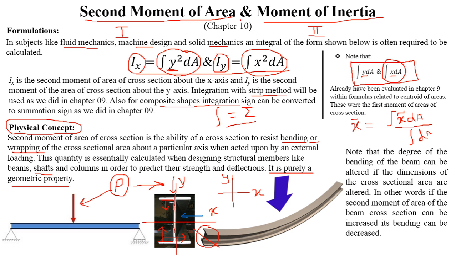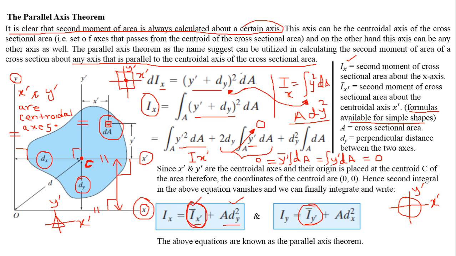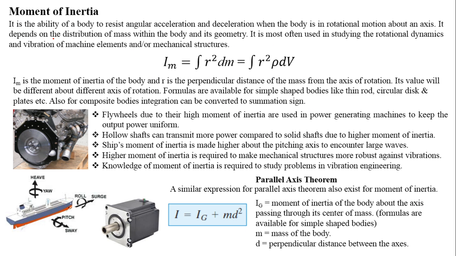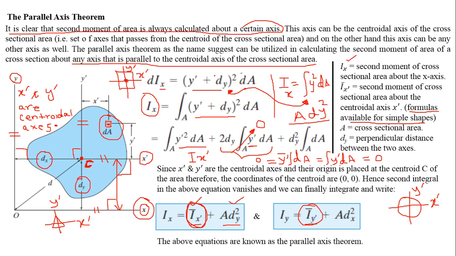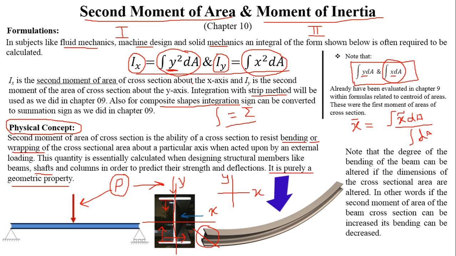So second moment of area and moment of inertia. Before we study moment of inertia, let's look at the dimensions of this second moment of area. As I told you, it is purely a geometric property, it will have a dimension of length raised to the power 4.